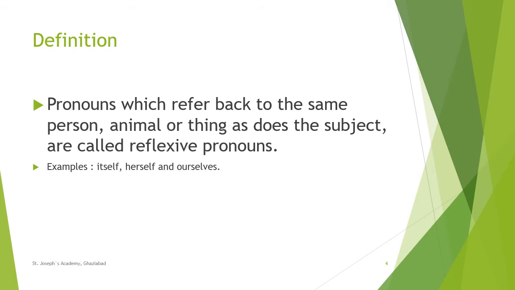So what are reflexive pronouns? Pronouns which refer back to the same person, animal, or thing as does the subject are called reflexive pronouns. And the examples for it are itself, herself, and ourselves.